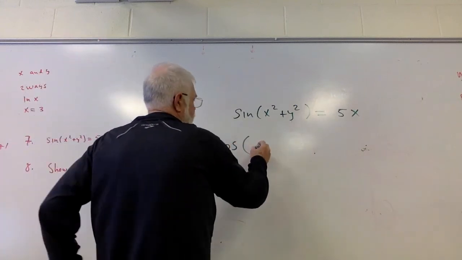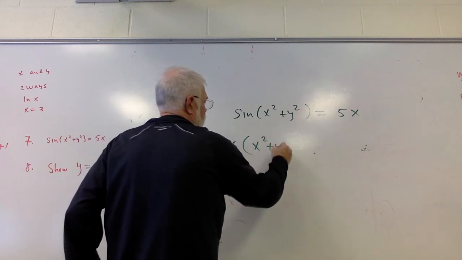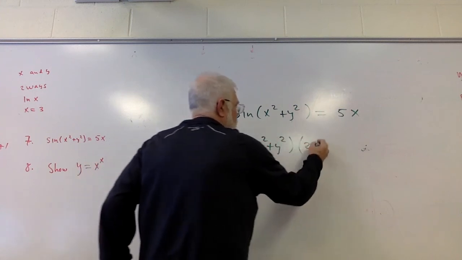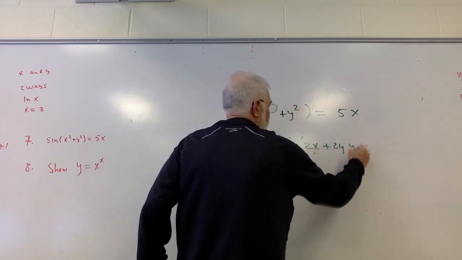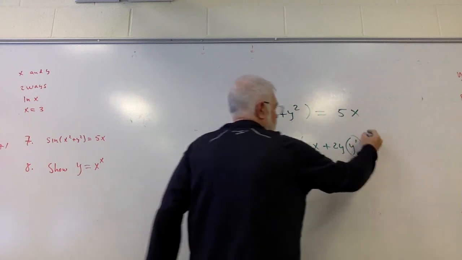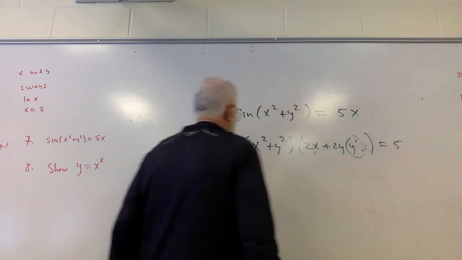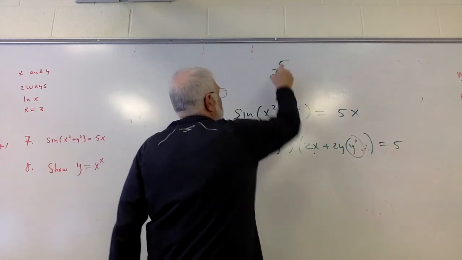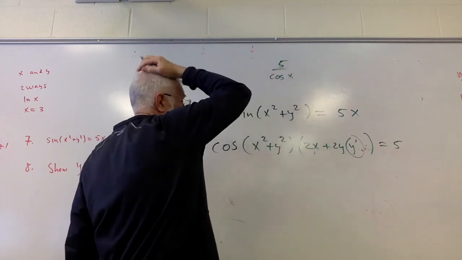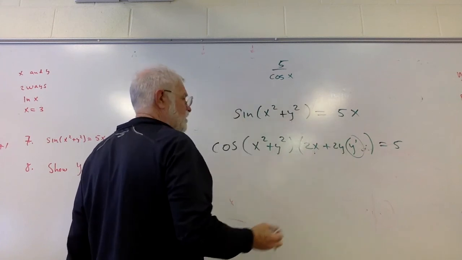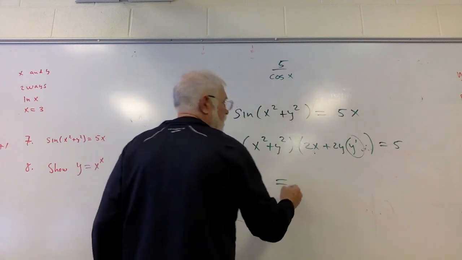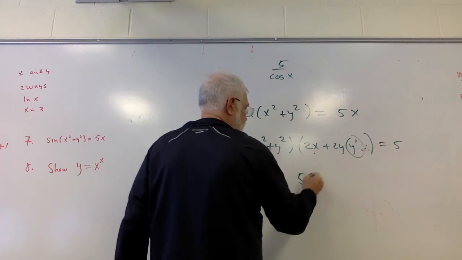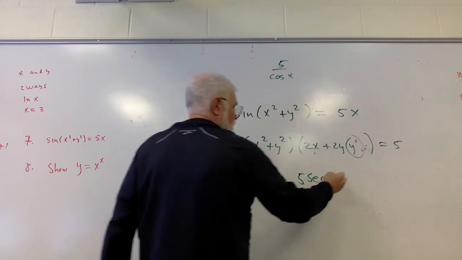Implicit differentiation. So we got cosine of x squared plus y squared times 2x plus 2y y prime. There it is. That's what I'm after. Equals 5. So I'm going to divide by cosine. 5 over cosine x is actually the secant of x. So I am going to do secant over on this side. I'm going to do 5 secant of x squared plus y squared.